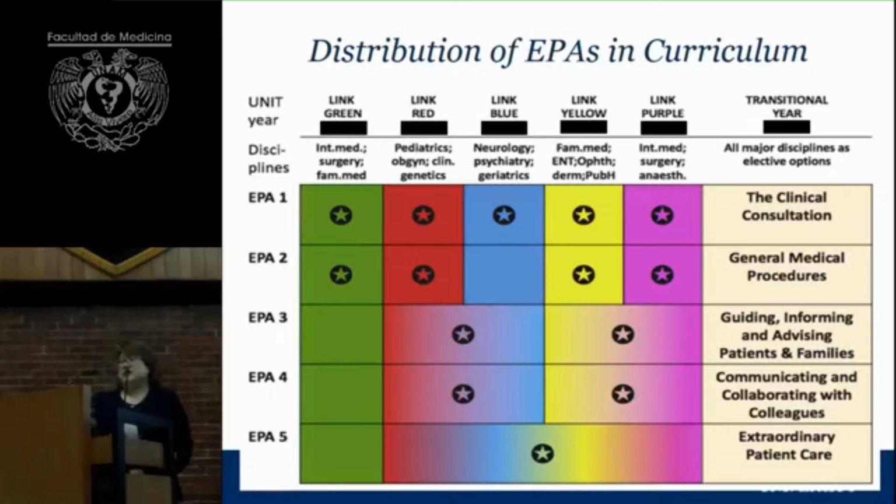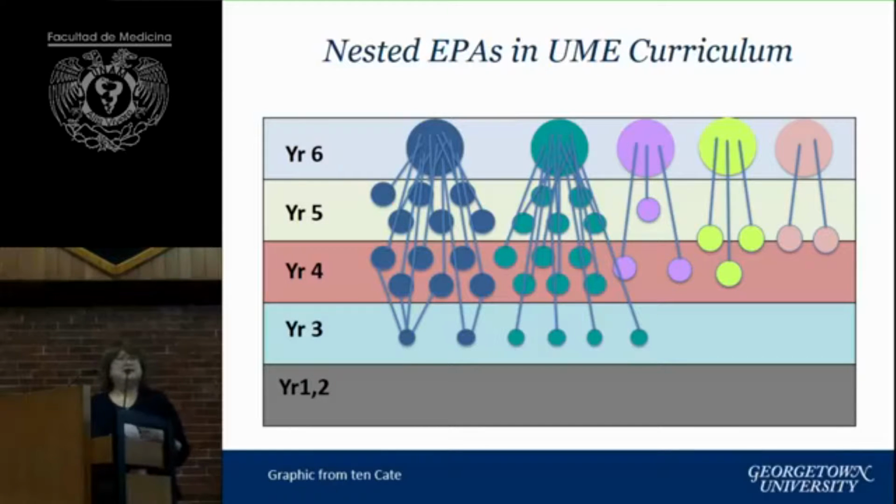And so you can see where the students are being assessed on these different subcomponents of an overall EPA. And another graphic, this is another way to think about it, right? So the graduation EPAs are the big circles at the top, but each of those big circles can be broken down so that, even down in year 3, students can be achieving a small EPA that will eventually nest up into this larger EPA.